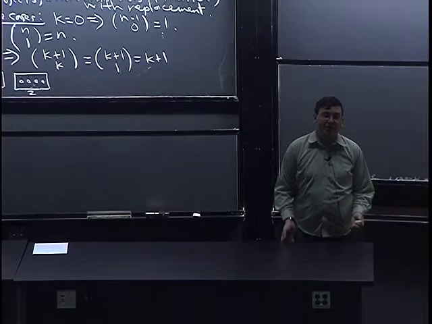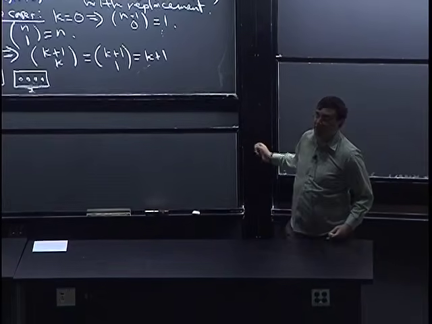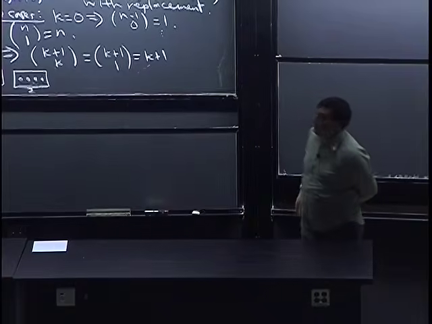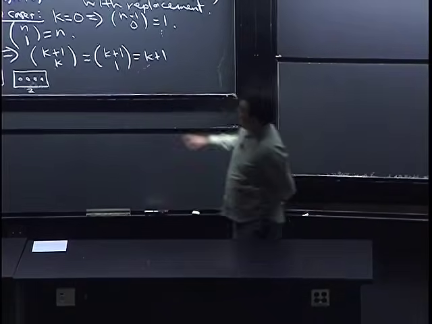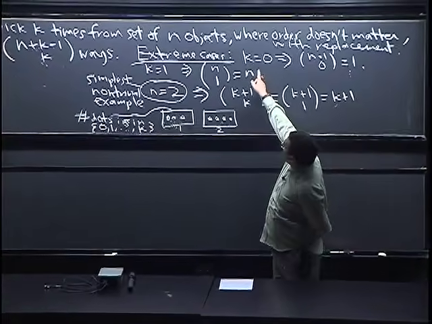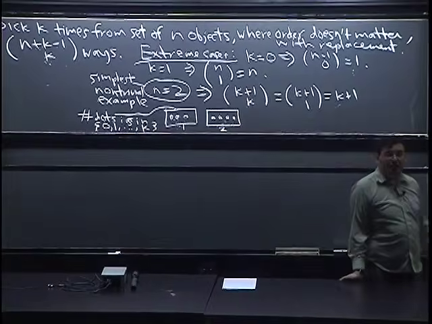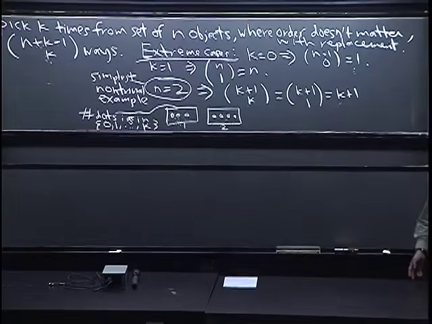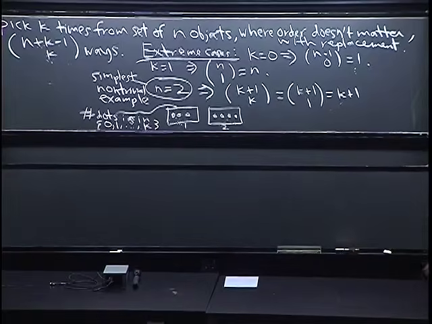That's not a calculus thing, that's a thinking thing. You have to think hard. So the best way to think about this problem is to notice that this is equivalent to having indistinguishable particles in distinguishable boxes.